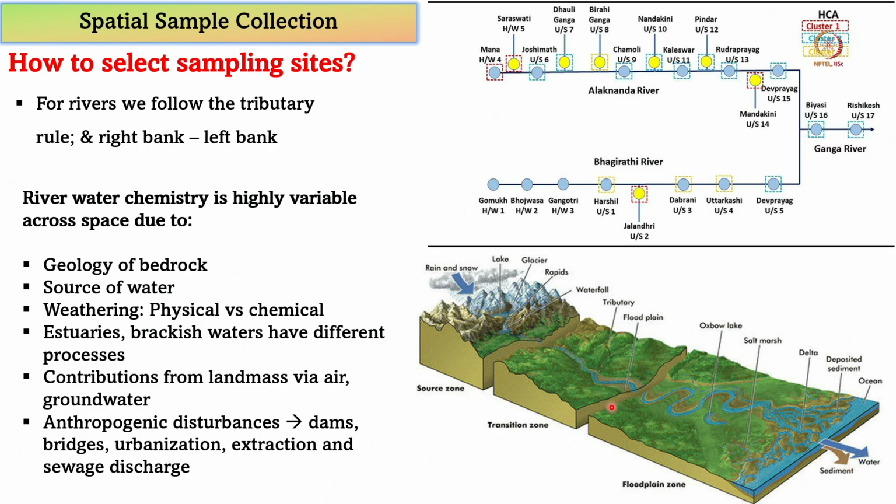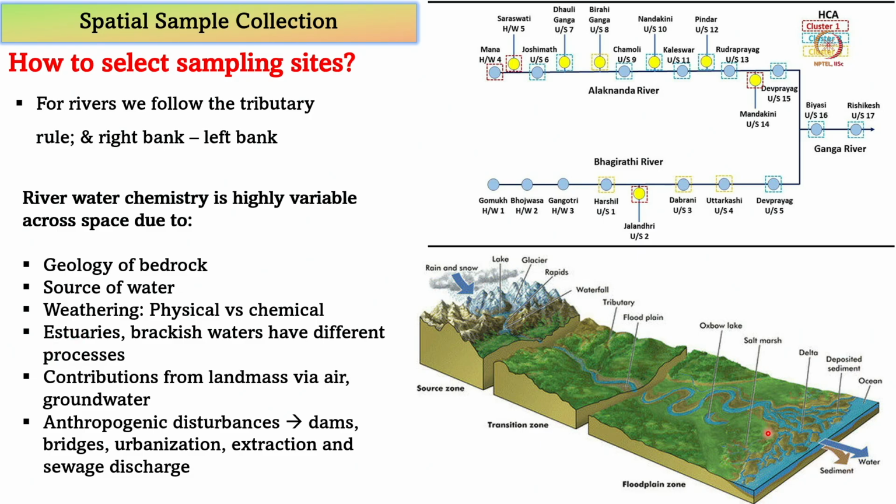Now you come down to the plains, there will be more groundwater input, there will be more rainfall. So the sources like groundwater, rainwater, their contributions to the river are changing across the spatial scale, right? So therefore certain chemical changes are also seen in the data set. Weathering changes are there. In estuaries, a lot of other processes are happening.